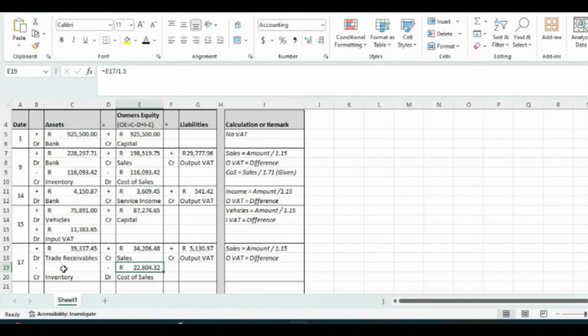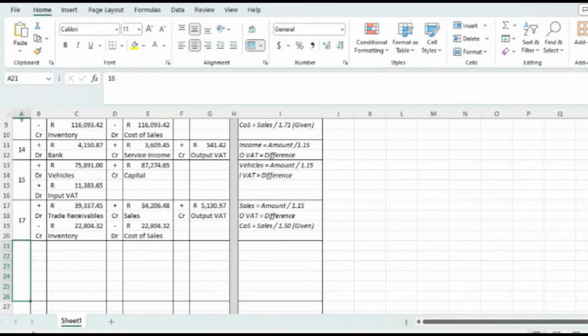Okay. And then, of course, that is just the same amount with which our inventory is going to decrease. Nothing happens here. No other liabilities. The cost of sale was calculated by taking the sales, dividing by 1.5, because the 50% was given.